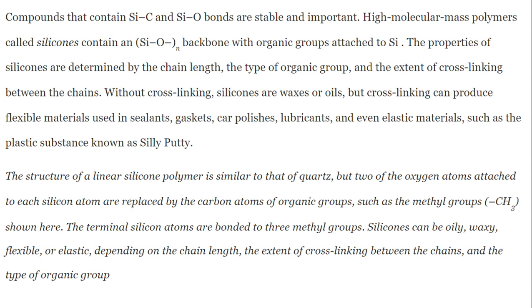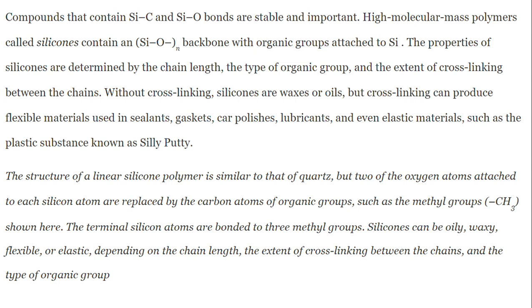between the chains. Without cross-linking, silicones are waxes or oils, but when cross-linking takes place in silicon-oxygen bonds, it can produce flexible materials used in sealants, gaskets, car polishes, lubricants, and even elastic materials and plastic substances.